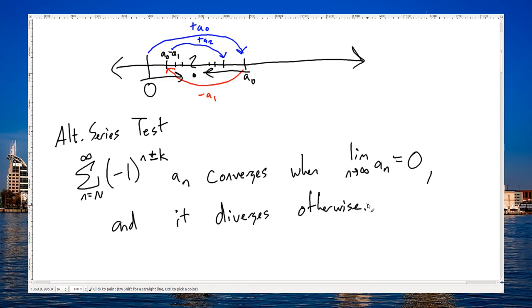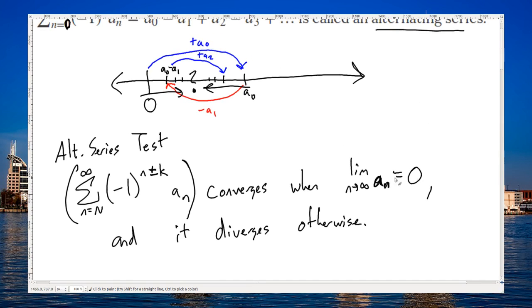This is sort of like the divergence test, which says that a series diverges if its sequence limit is not 0. However, the alternating series test goes a step further and says that the series actually does converge when the sequence, ignoring the negatives, the sequence of positive non-increasing terms does actually go to 0.